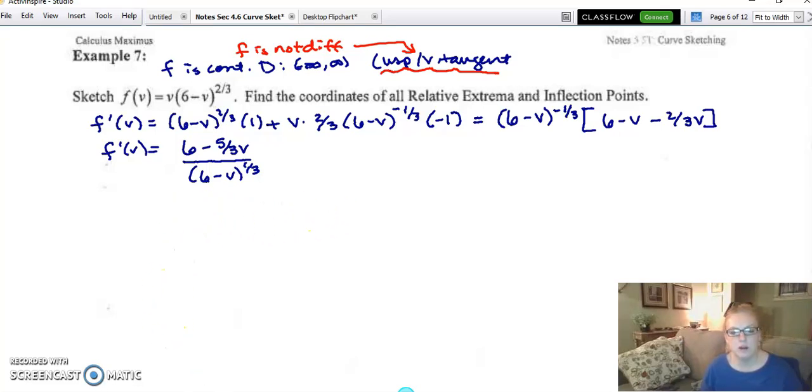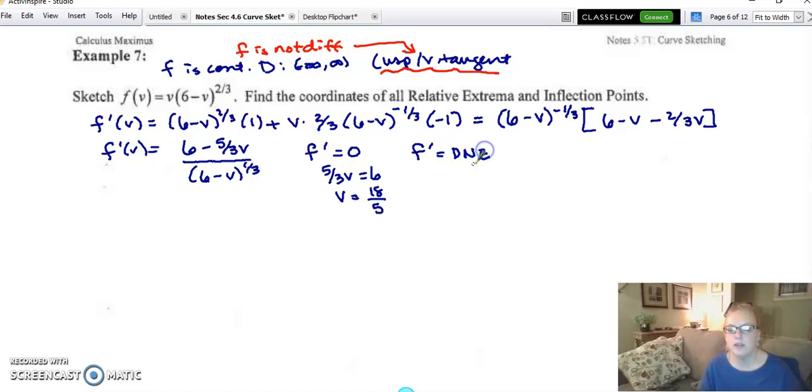So we're going to do our possible maxes and mins, our critical values. Our f prime equals 0 when the top equals 0, or when 5/3 v equals 6, v equals 18/5. So we're going to have that critical value, and then also the critical value where it does not exist.